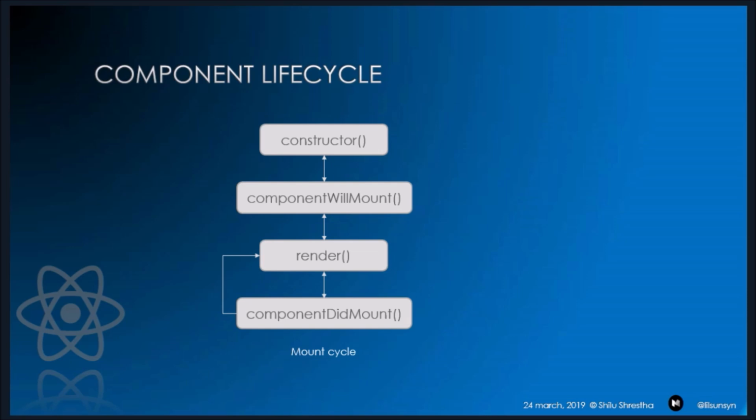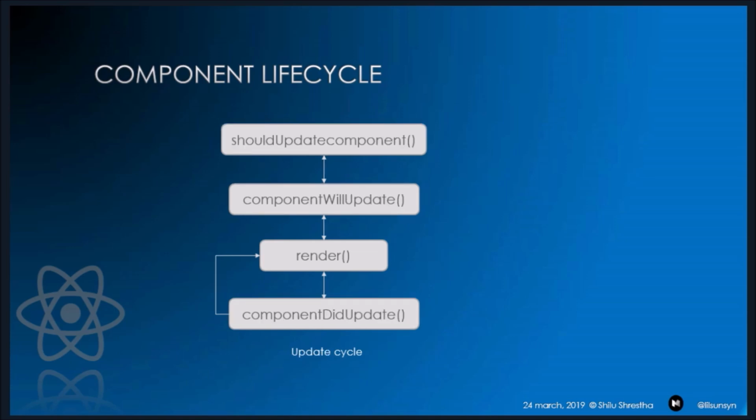However, when there is an update, this is all called differently. Internally, should component update will be called, and after that component will mount, then render, and then did update. As a developer, we usually use component did update to update our views accordingly.